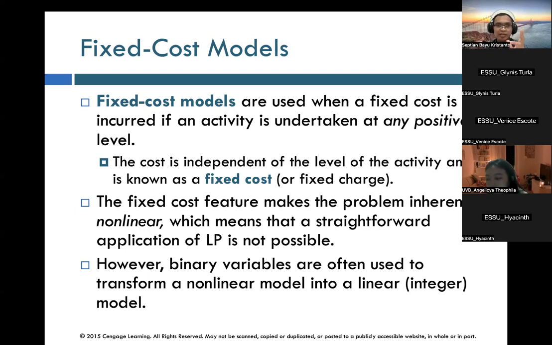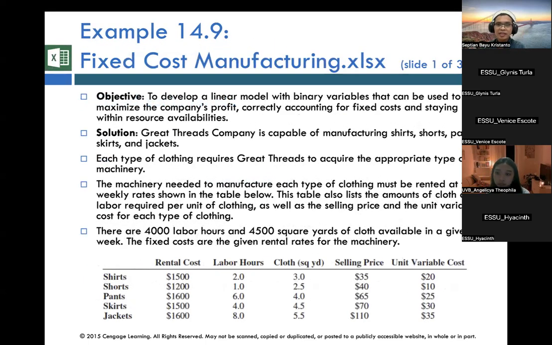We need to think that sometimes fixed cost is not defined by a linear function. It could be a non-linear function. So these are the applications of how we find optimization in our modeling.